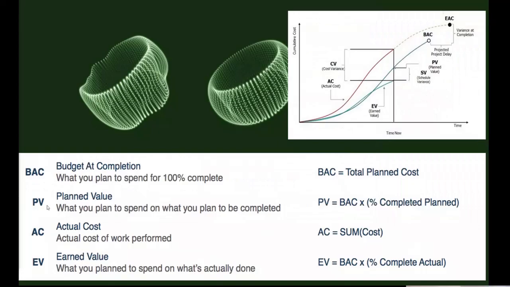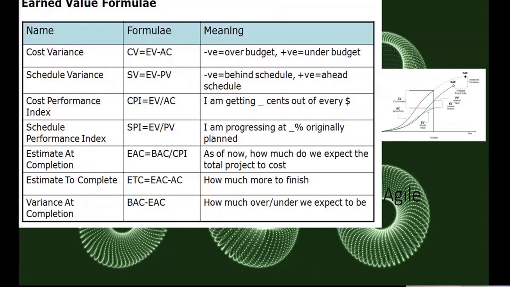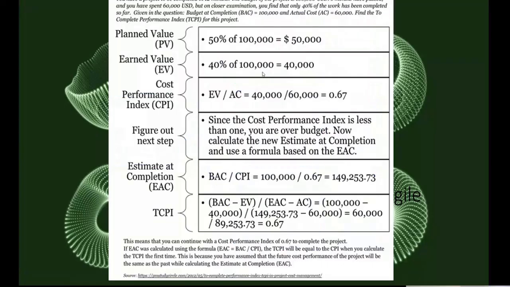So how can we calculate PV? PV equals BAC, budget at completion, $100,000, multiplied by 50% planned. So you will get the PV, $50,000, right? You have spent $60,000.